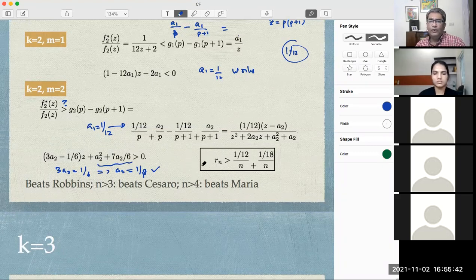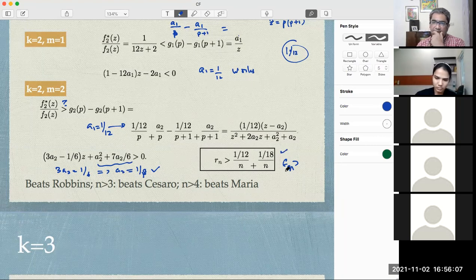So already I get e2 to be bigger than this chap. This guy minus this guy, and then if I sum over p going from 2 to n, this is en. If I keep going and take the sum, I get this.